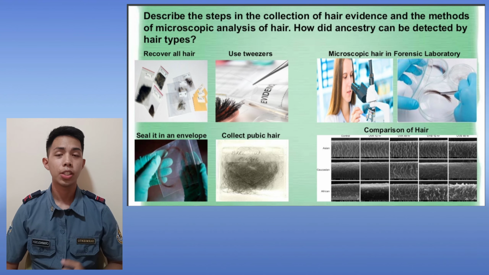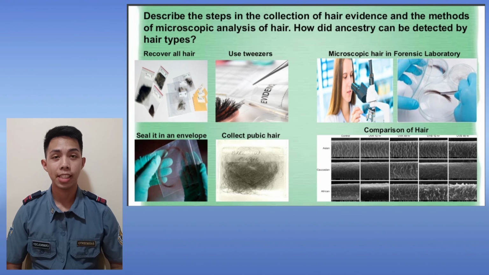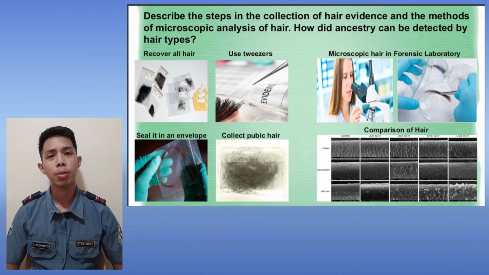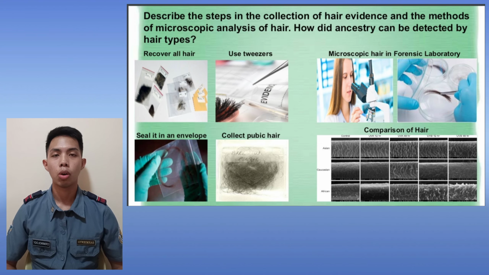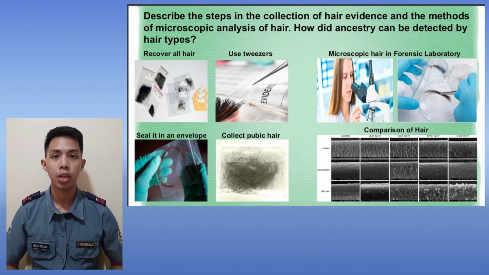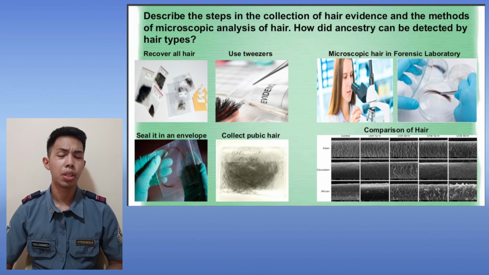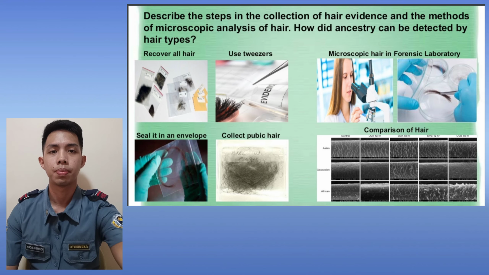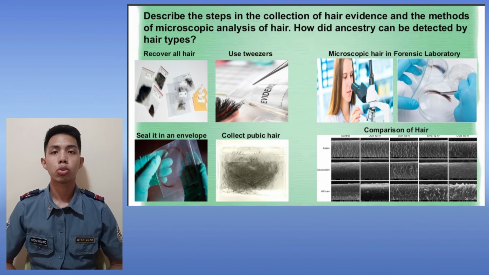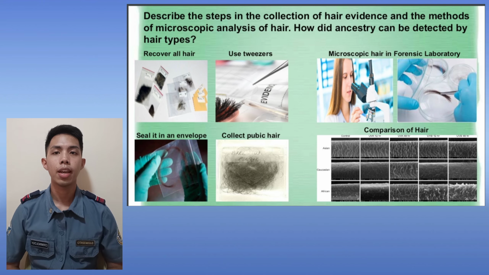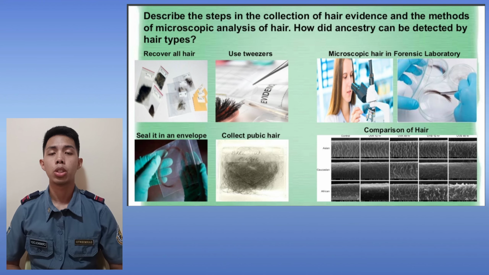Okay, third slide. Describe the steps in collection of hair evidence and the methods of microscopic analysis of hair. How can ancestry be detected by hair types? The most common method used to collect hair evidence is visual collection.